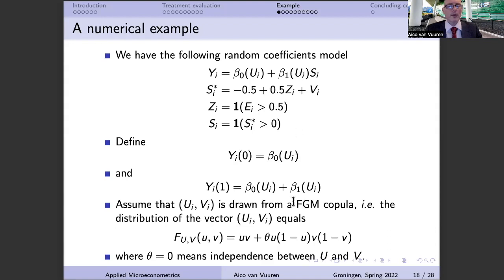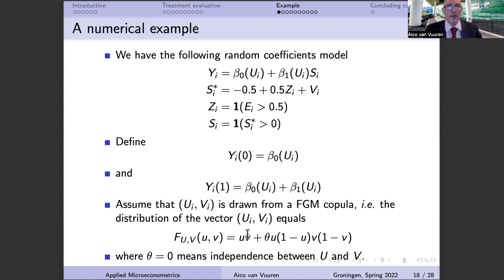This correlation I'm going to determine by the so-called FGM copula. I'm not sure whether you have ever heard about that before, but copulas are nothing else than distribution functions of, say, factors that are uniformly distributed but are allowed to be correlated with each other. The FGM copula has a distribution function that looks like the one that we have here at the right hand side.